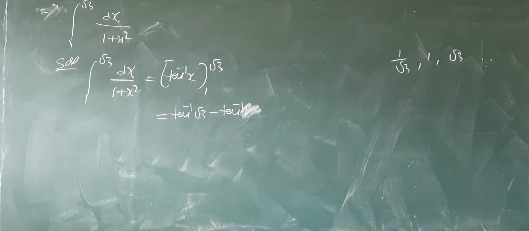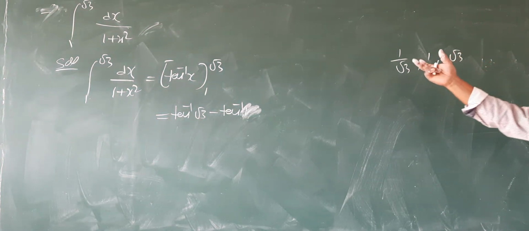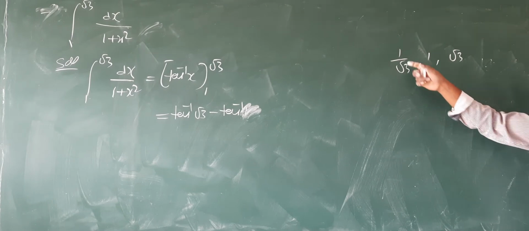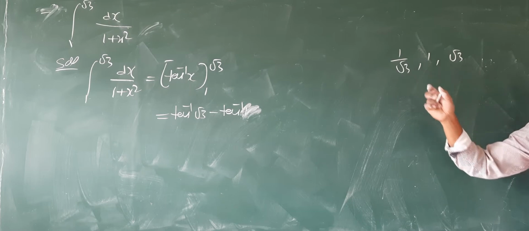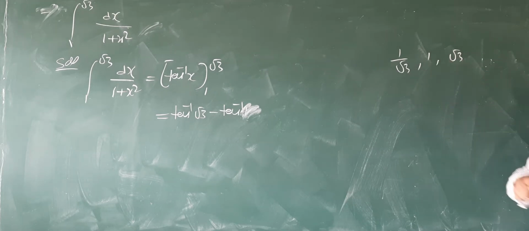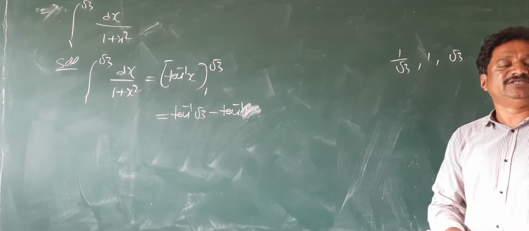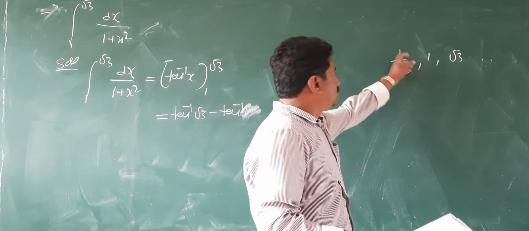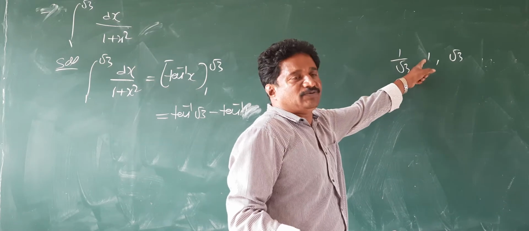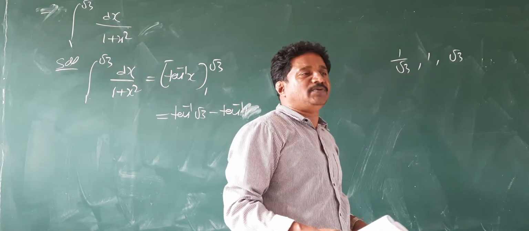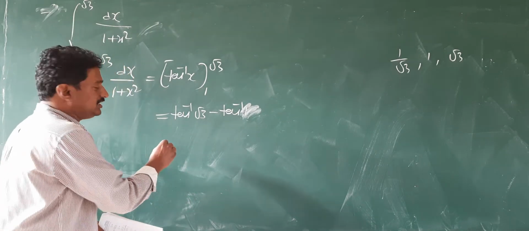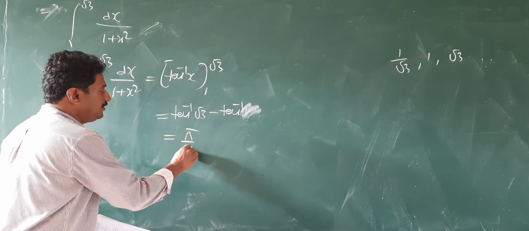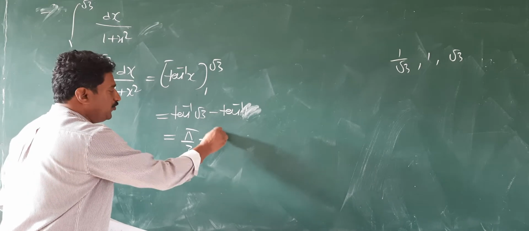I told everything in the previous classes. 1 by root 3 is for 30, 1 is for 45 degrees, root 3 is for 60. So how much is tan inverse root 3? 60, pi by 3. This one, pi by 4.